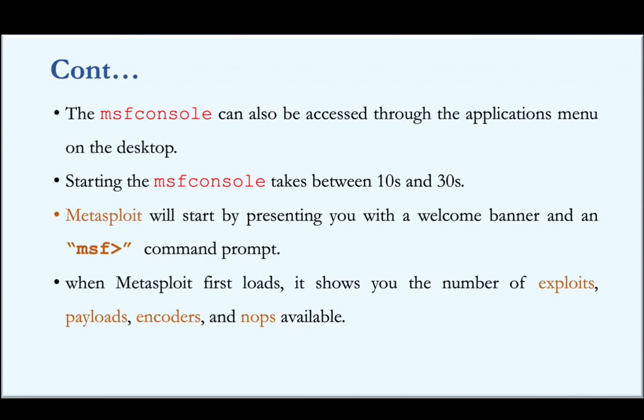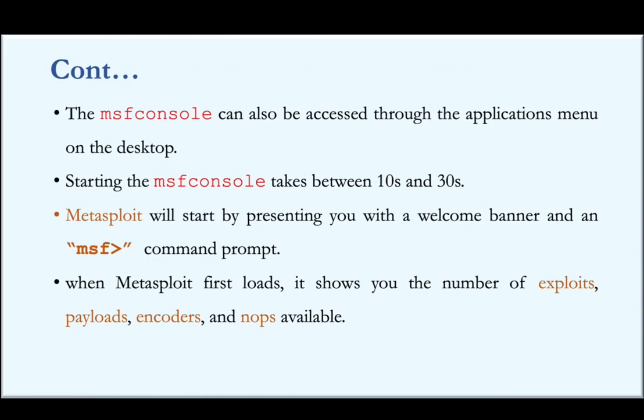Then you find nops. This nops module stands for no operation, and it generates a sequence of no operation instructions that perform no side effects. These nops are often used in conjunction with stack buffer overflows.